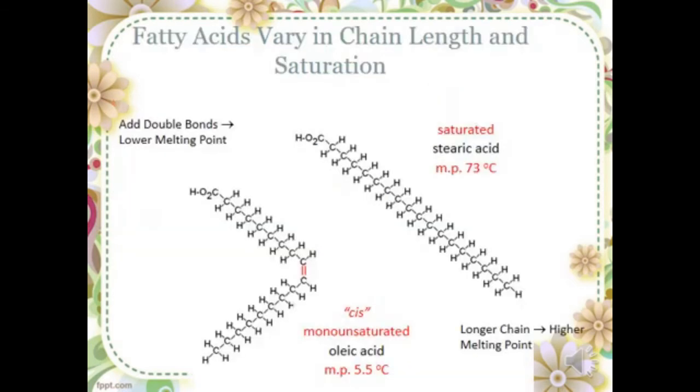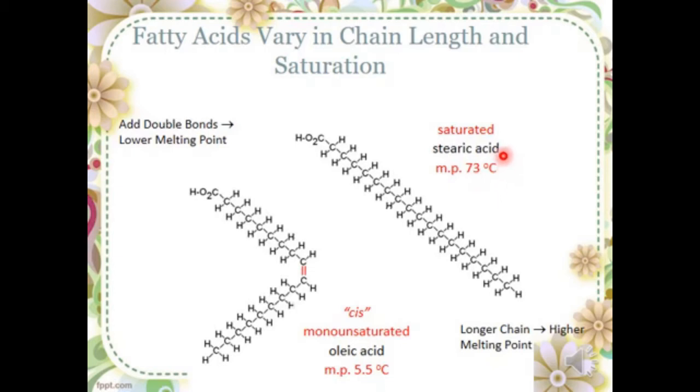Okay, next we'll look at physical properties of fatty acids, saturated versus unsaturated. So here we look at saturated stearic acid having 18 carbon in its chain. The melting point for this stearic acid is 73 degrees Celsius.